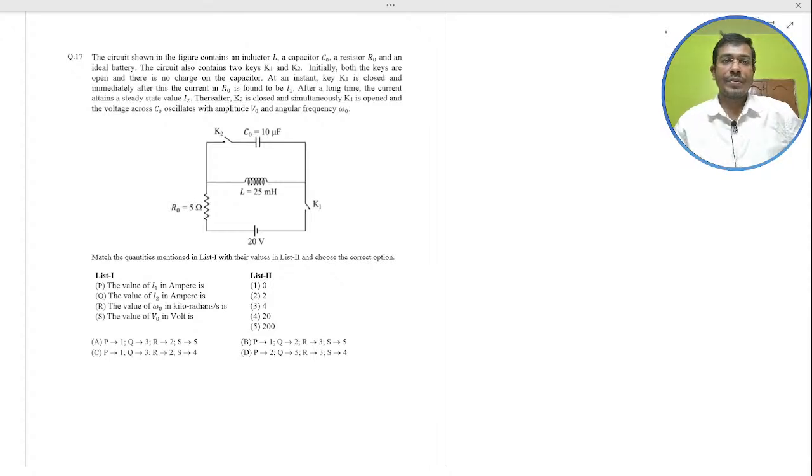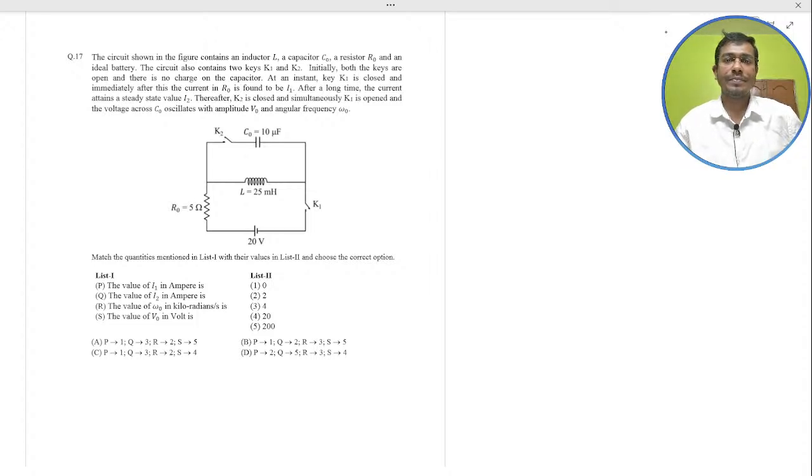The circuit shown in the figure contains an inductor L, a capacitor C0, a resistor R0 and an ideal battery. Basically the LRC circuit. The circuit also contains two keys K1 and K2. Initially both the keys are open and there is no charge on the capacitor. At an instant, key K1 is closed and immediately after this the current in R0 is found to be I1.